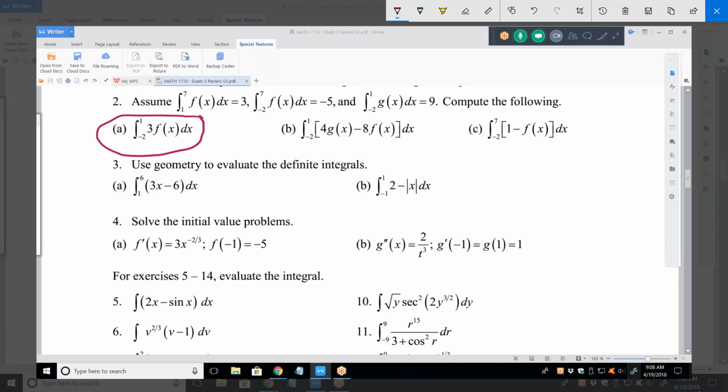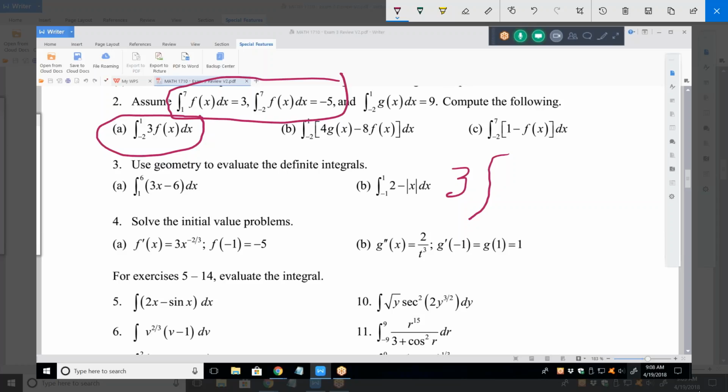The only reason I mention it, it's not really necessary, but you can always pull constants out. What else do we know? What do we know about those two statements right there?